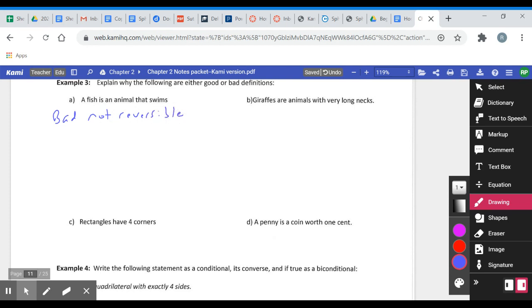If I read the converse of that, I would say an animal that swims is a fish. Again, a fish does swim, but if I just say an animal that swims must be a fish, that's not very good because there are other animals that swim that are not a fish. So one way I like to think of this is a counterexample.